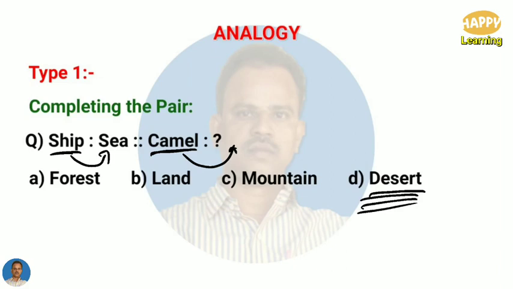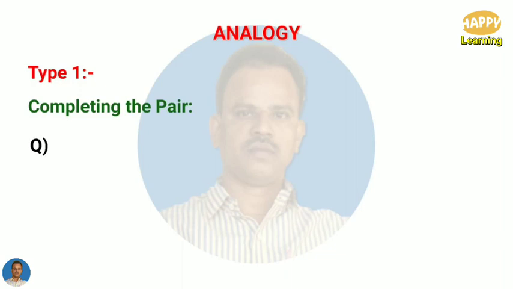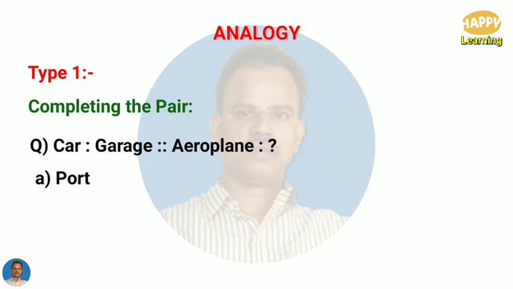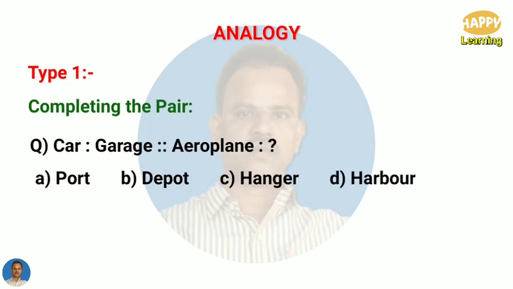Okay, right. Next question. Car is proportionate to garage is same as aeroplane is proportionate to dash. What is the relation between car and garage?